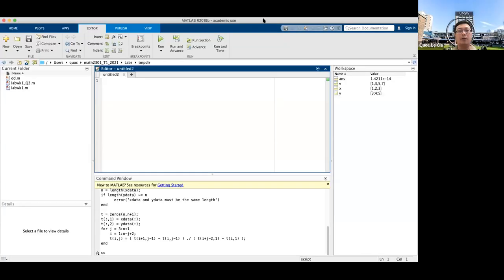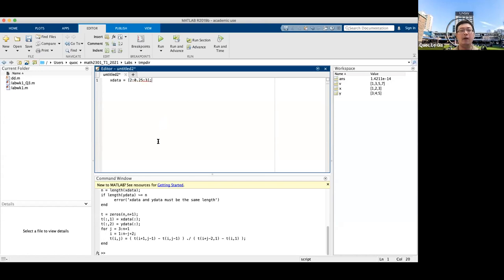First, I will define x data. So x data will be, you start from 2, and you increase by 0.25 and you stop at 3.